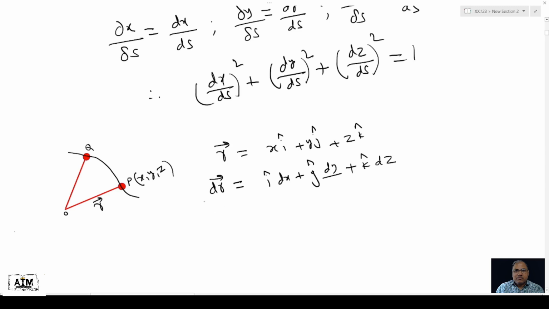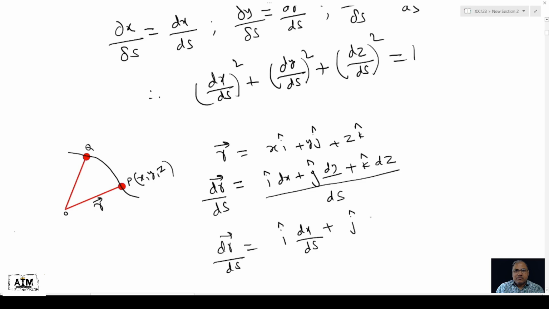Now dividing both sides by ds, so we get vector dr by ds equals to i cap into dx by ds plus j cap into dy by ds plus k cap into dz by ds.